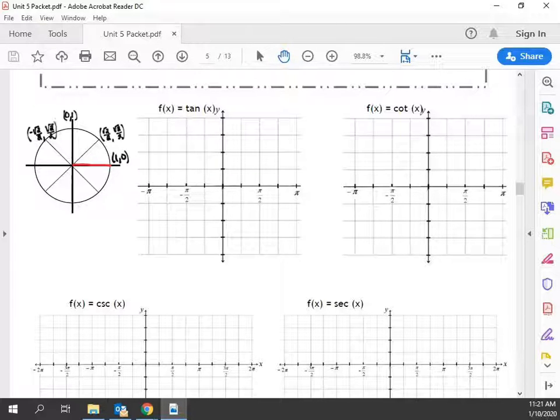Positive. And then what? Good. They're both negative, right? And there you go. Alright, so those points are important because you're about to see why in just a moment.